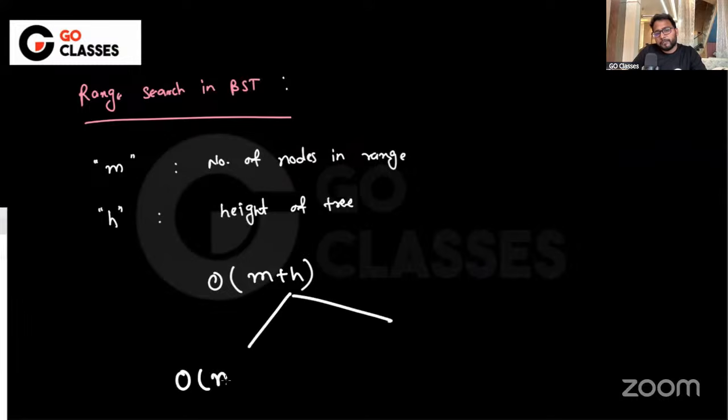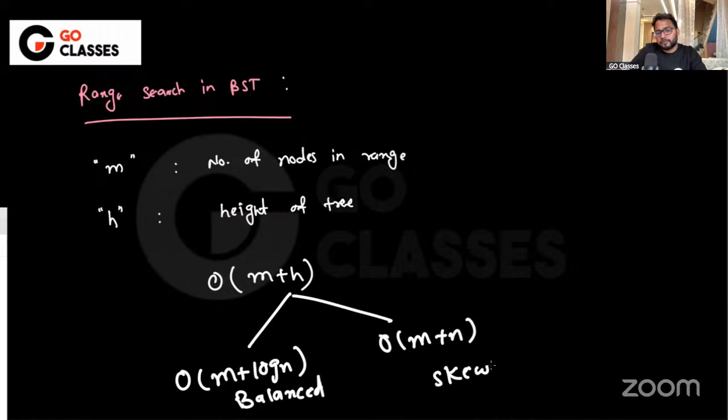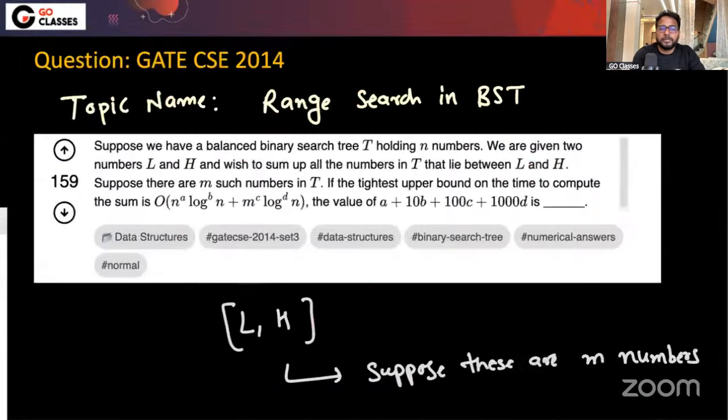So it is either m plus log n for the balanced, or it is m plus n for skewed or zigzag. Now in this question, they are saying it is a balanced binary search tree. So that is why m plus log n is the answer.